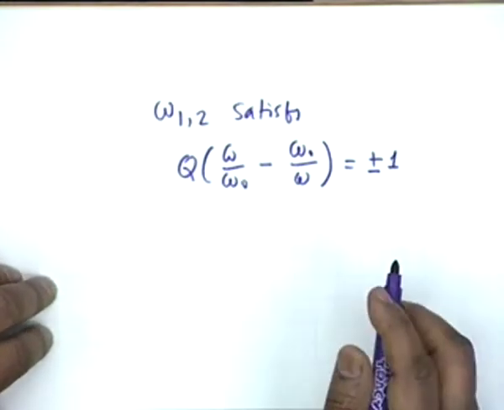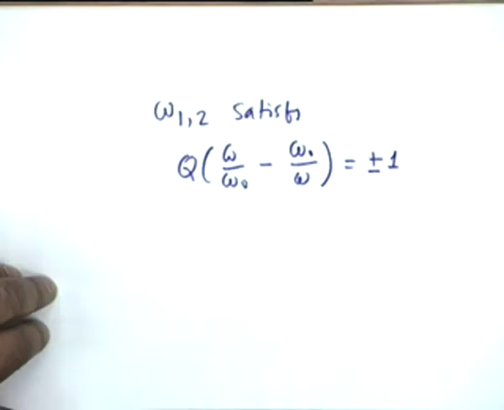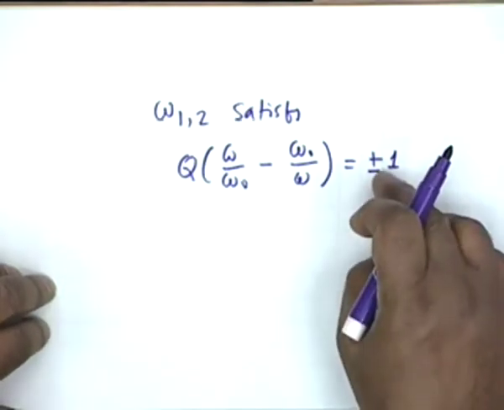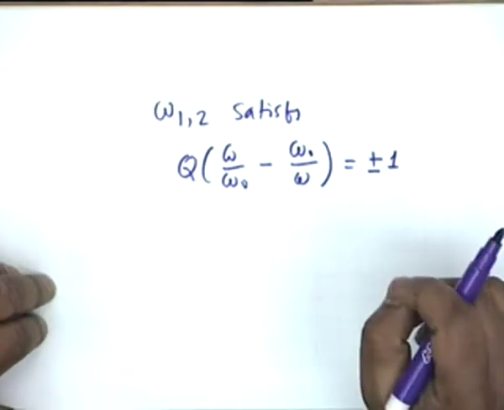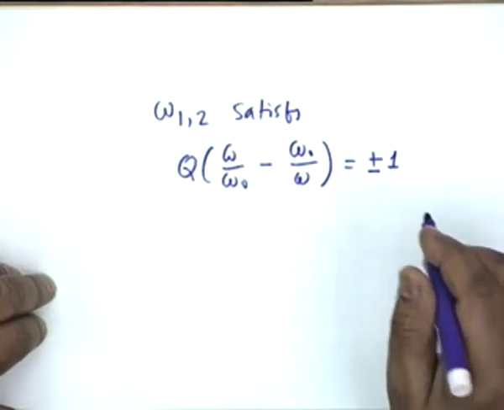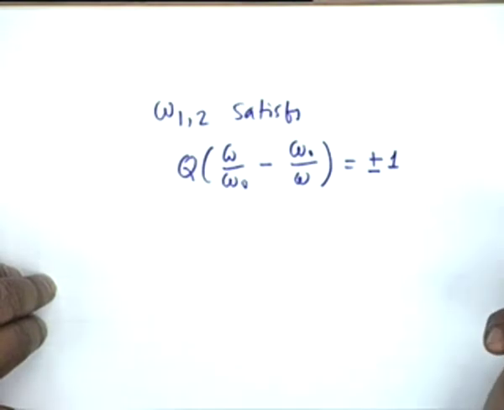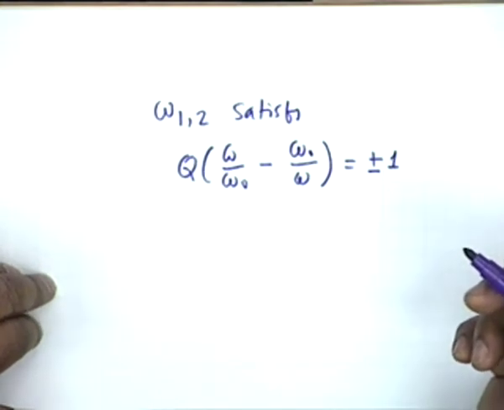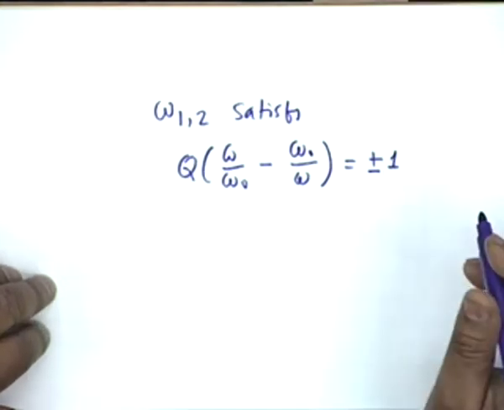In each case it will give a quadratic equation, isn't that right? Whether it is plus 1 or minus 1 doesn't matter, it will give a quadratic equation, and therefore there shall be how many solutions to this equation? 4 of them. 2 will be negative and 2 will be positive.